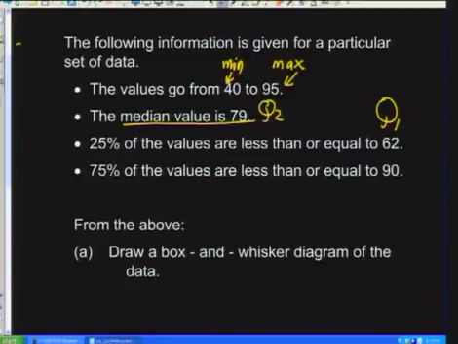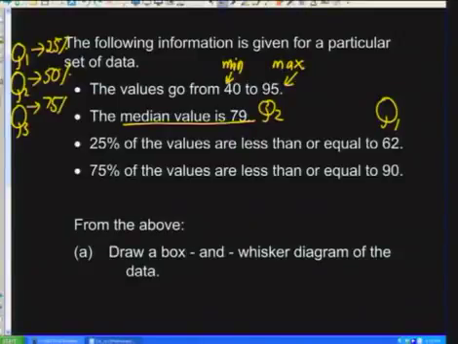If you want to remember it like this, up to Q1, I've got 25% of the data. From Q1 to Q2 is another 25%, which brings me up to 50% of my data. And then from Q2 to Q3 is another 25%, which brings me up to 75%.